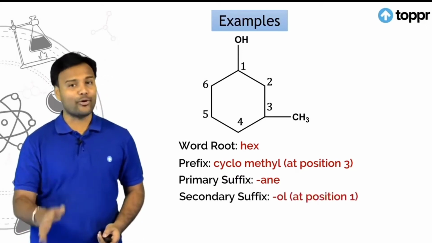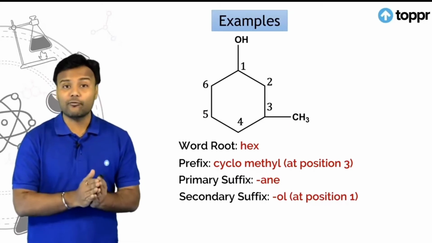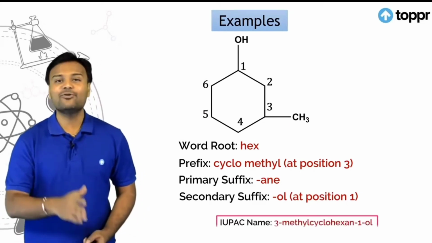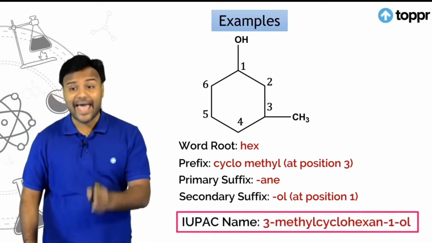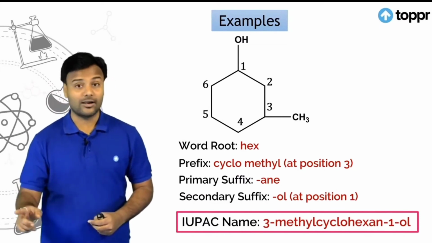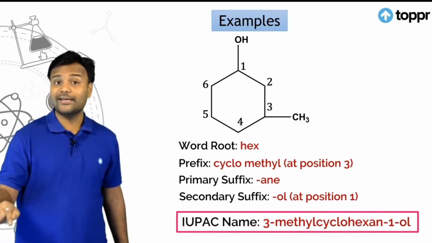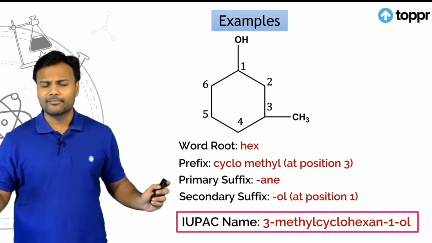My secondary suffix is OL because at the first carbon there is a hydroxy group attached. Now the IUPAC name for this is going to be 3-methyl cyclohexan-1-ol. Again, you can see in hexane there is no E, because the E is dropped before the O of OL. Is that clear to you?